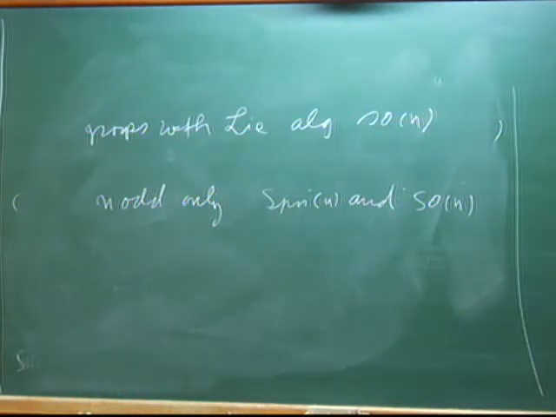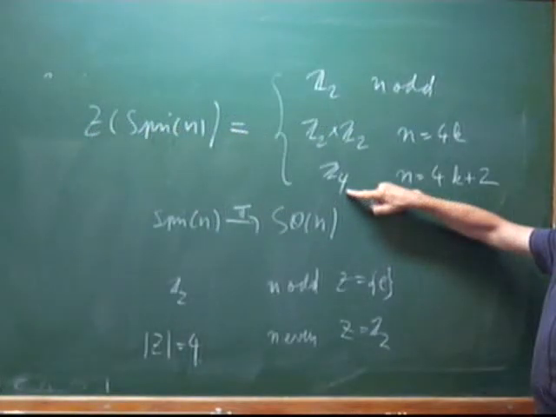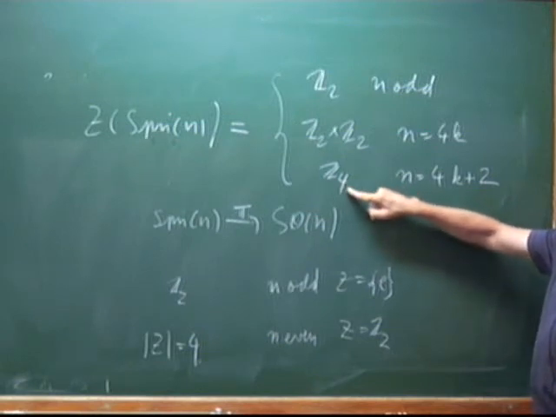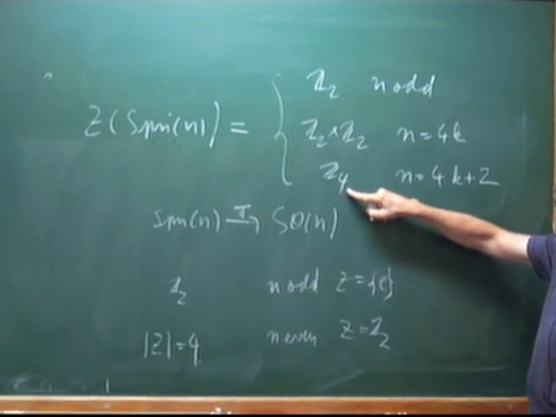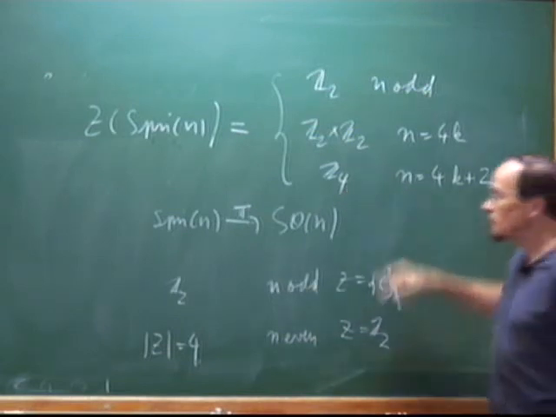In the case where n is 4k plus 2, what are the subgroups of Z4? It's either trivial, Z2, or Z4, the only possibilities. That means there's only one 2-fold subcover, because there's only one subgroup of order 2 in here. That 2-fold subcover must be SOn, the orthogonal group.